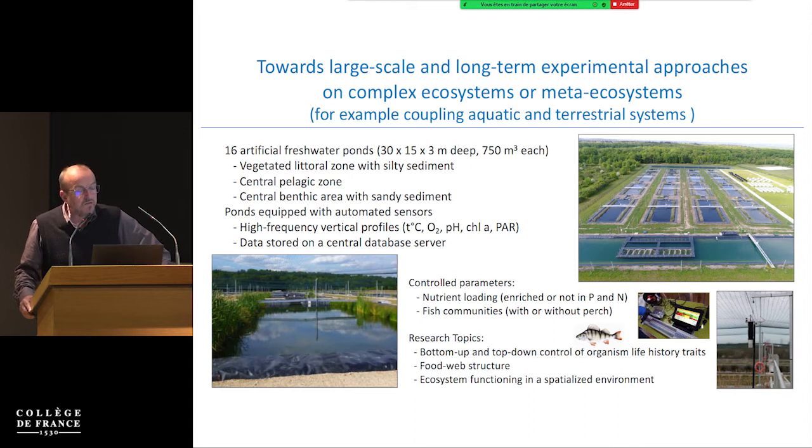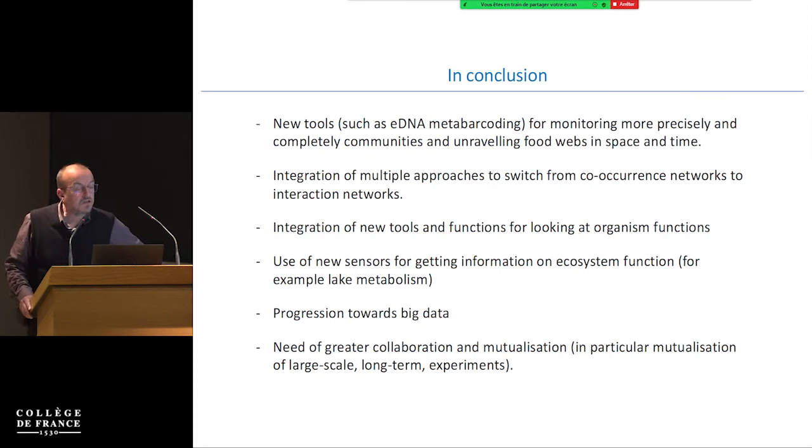We also have a lot of information associated with automated sensors, which allow us, for example, to estimate lake metabolism each day, etc. And so, in conclusion, perhaps we now have some tools which allow us to be more optimistic about the experimental study of the links between community structure and ecosystem functioning.